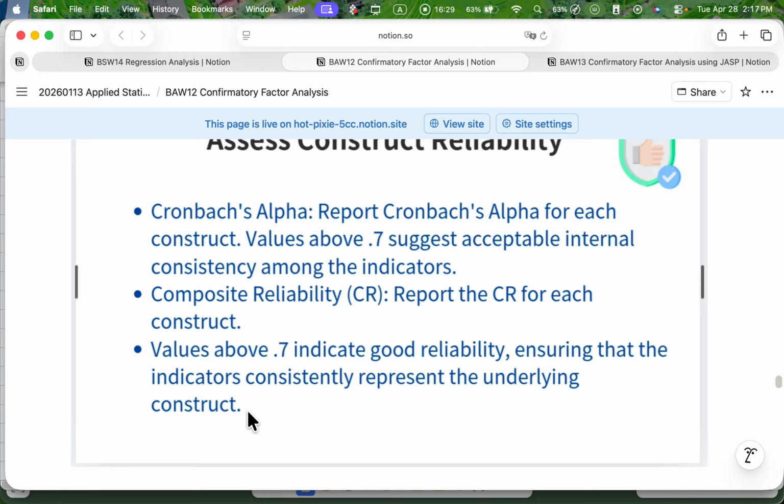Consistent means they have high correlation between the indicators. For example, on the whiteboard, I have 3 indicators that have to consistently measure X3, and 3 indicators consistently measure X2. So consistent means reliability.